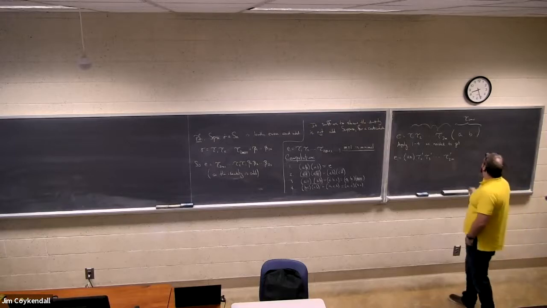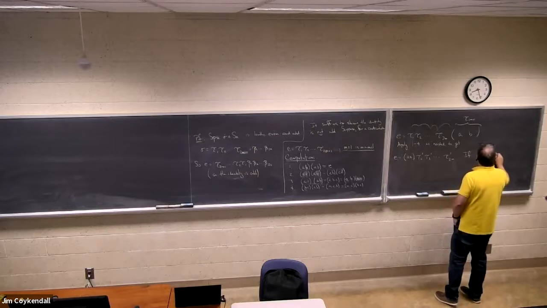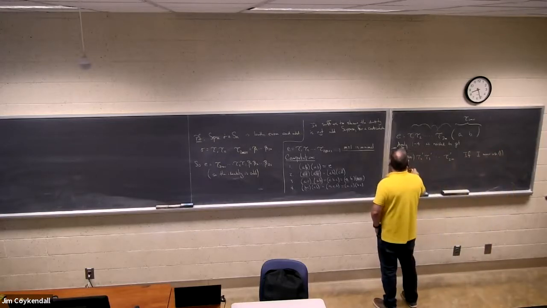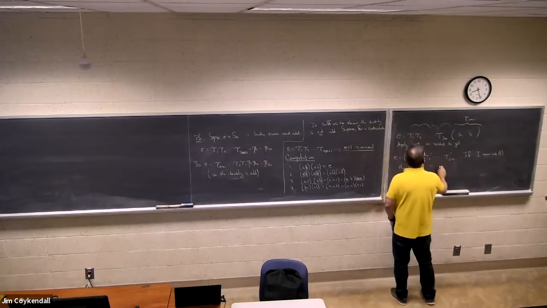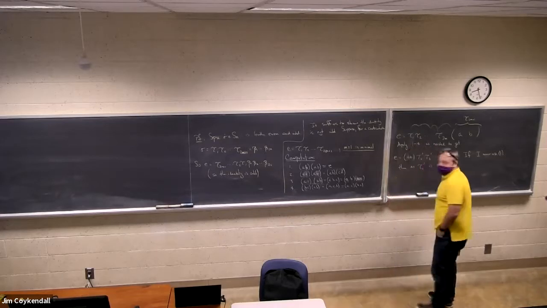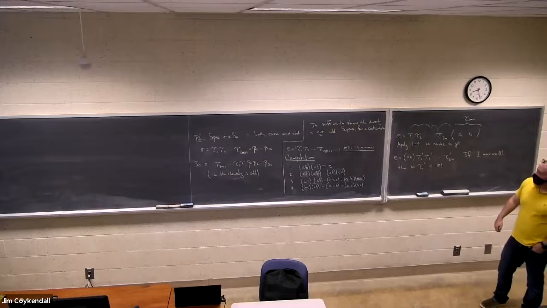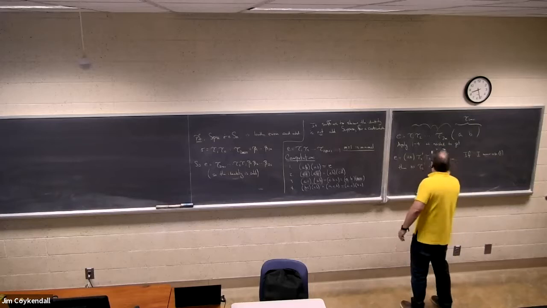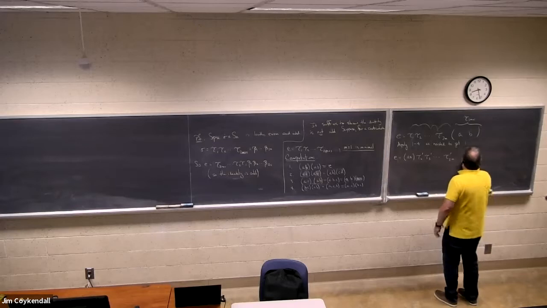Number one, if I never use rule 1, then no tau i prime is the identity. Because notice, let's assume first. Actually, let me just say this.